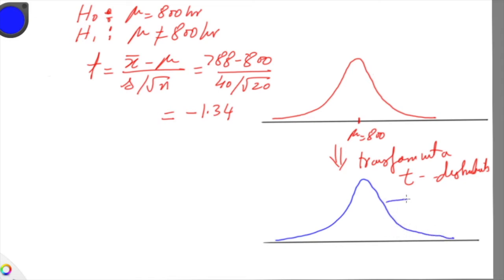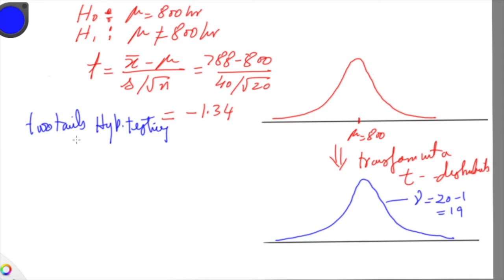This is with respect to certain degrees of freedom. In our case, it is 20 minus 1, so 19 is the degree of freedom. Because of two-tail hypothesis testing, we can assume alpha as 0.05.